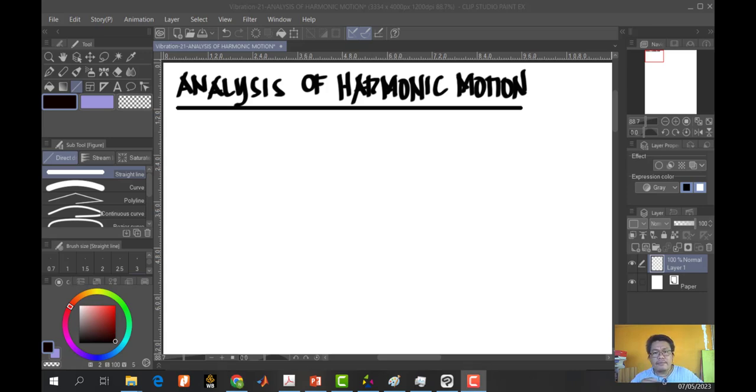Now, the basic idea of harmonic analysis is that a periodic function can be represented by a sum of simple sine and cosine waves, each with different frequencies and amplitudes.